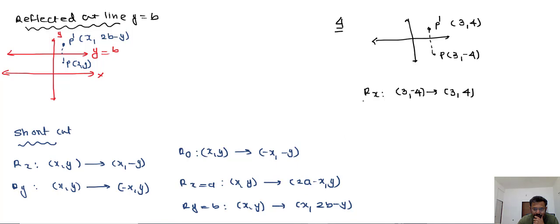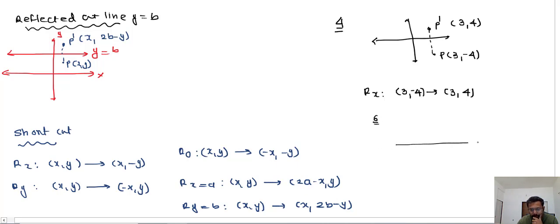Okay, the sixth one. One number line is given to you, and here you have points like minus 2, minus 1, 0, 1, 2 and 3, and all points are covered. So what is the solution set? Here we cover all the points from minus 2 to 3, so it's all real numbers.